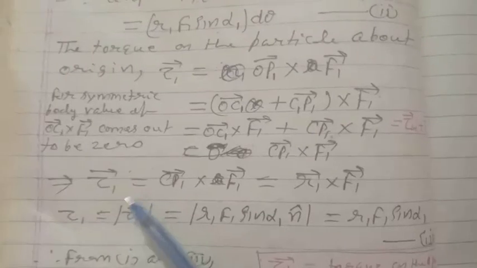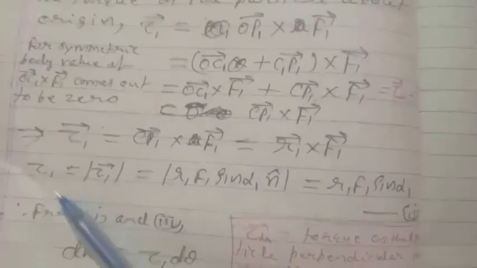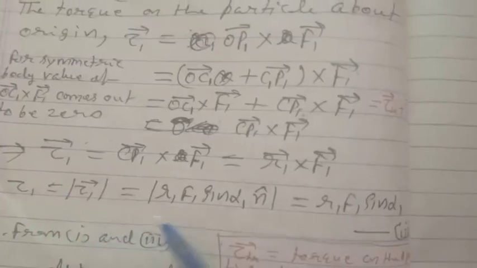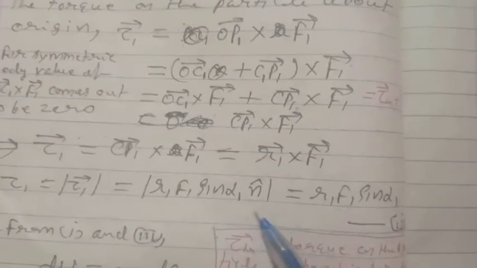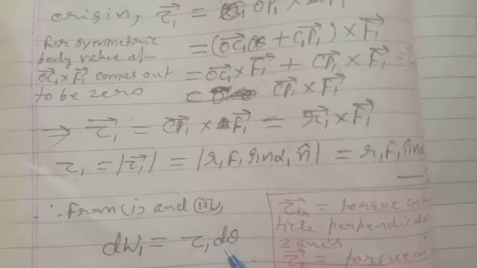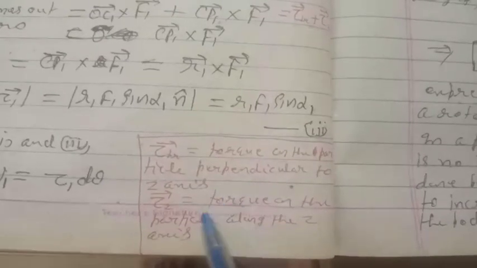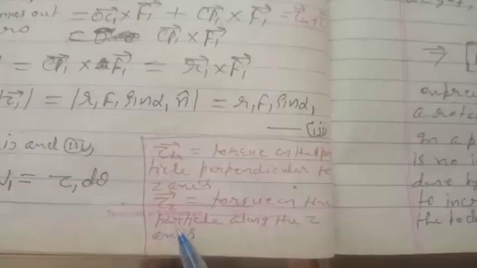This implies tau1 equals CP1 cross F1 equals r1 cross F1. The magnitude of tau1 equals r1 F1 sin alpha1 n cap, equal to r1 F1 sin alpha1, equation 3. Hence, from 1 and 2, dW1 equals tau1 d theta. Here tau perpendicular is the torque on the particle perpendicular to the z axis, and tau z is the torque along the z axis.